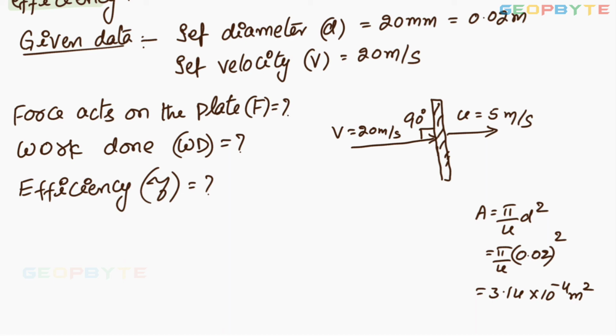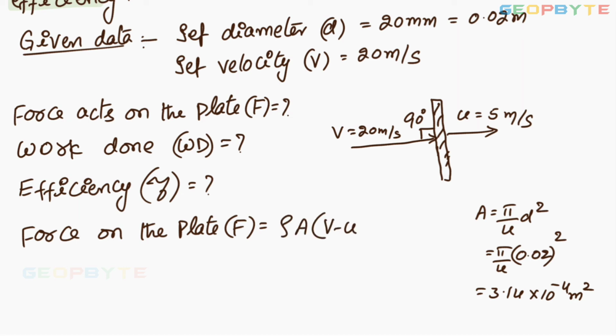Now the force acting on the plate. Force on the plate F equal to, it is a movable plate, rho A into V minus U whole square. Rho 1000, density of water, A 3.14 into 10 power minus 4, into V given 20 minus 5 whole square.